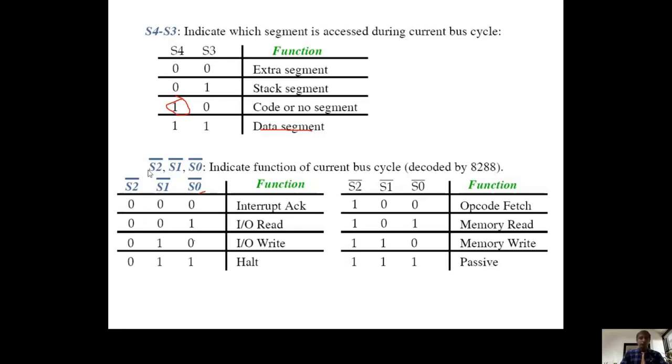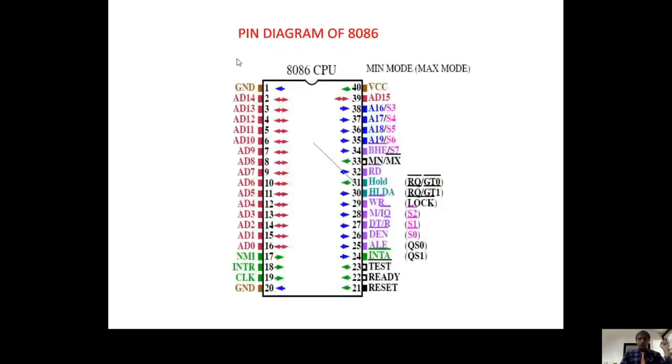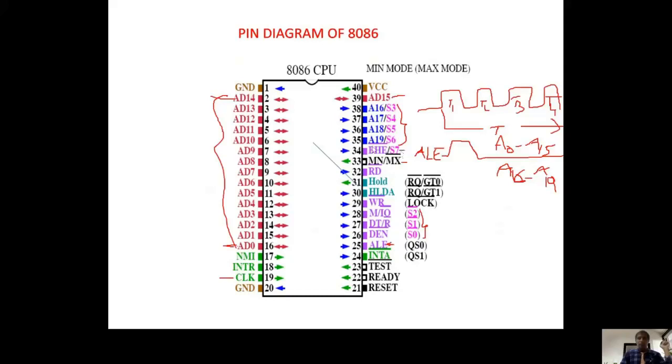Like that, the selection of these three status lines will decide whether the processor is performing a read operation, write operation, acknowledgement, halt, or fetching. That information is presented based on these three signals, and these two signals give you the selection of segment registers. Coming to the other one, there is BHE bar slash S7. It is also a multiplexed pin.